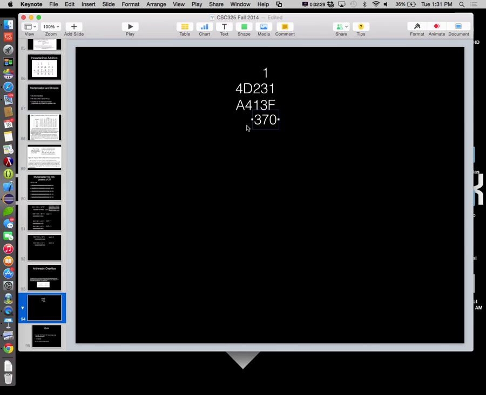D plus 4. That's 14 plus 4 is 18, which is... that's right, D is 14, correct? A, B, C, D, 10, 11, 12, oh, 13. 13. So 13 plus 4 is 17. What's that?